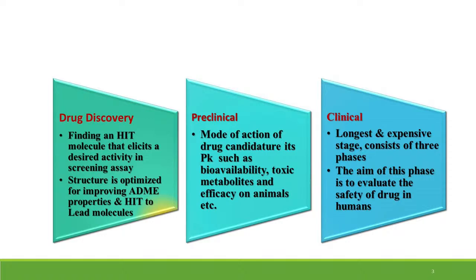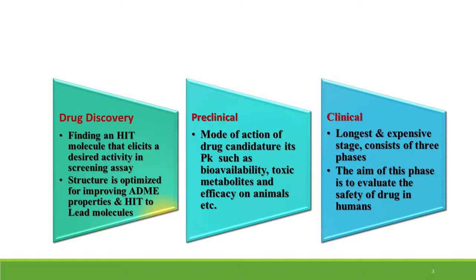In drug discovery, we find a drug molecule, first finding a hit molecule. What is a hit molecule? A hit molecule is a compound which elicits a biological activity, and that hit molecule will be optimized. Once it has the biological activity, we have to look after other parameters, so it should be optimized.